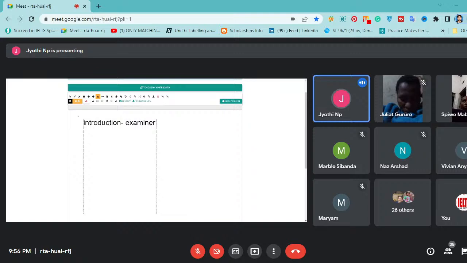Okay, so now coming to the body. When you're writing, the body consists of three parts. One is what we call the main point or the main idea, or a topic sentence.